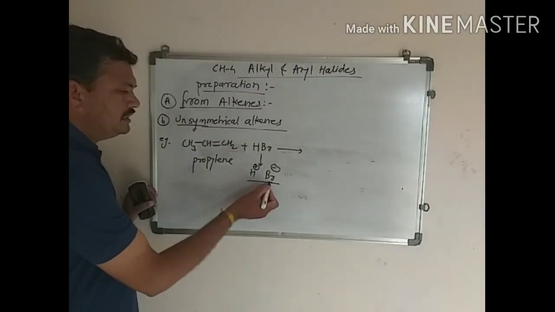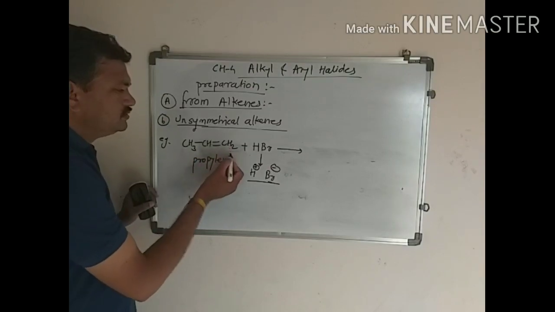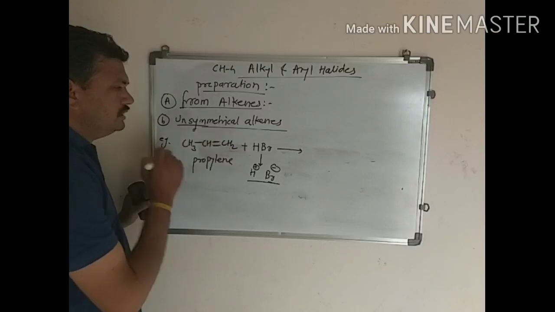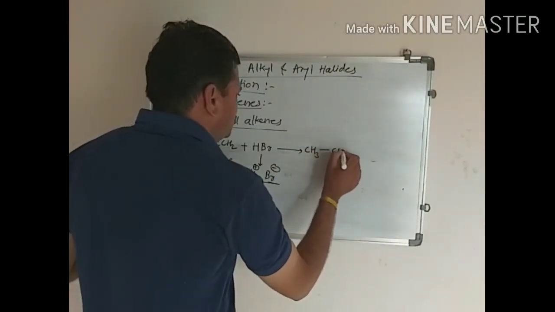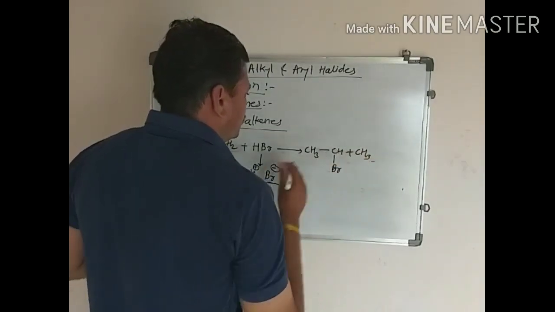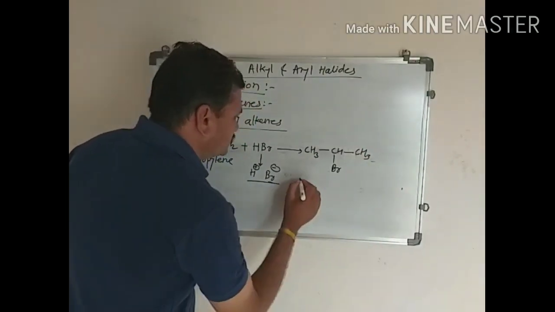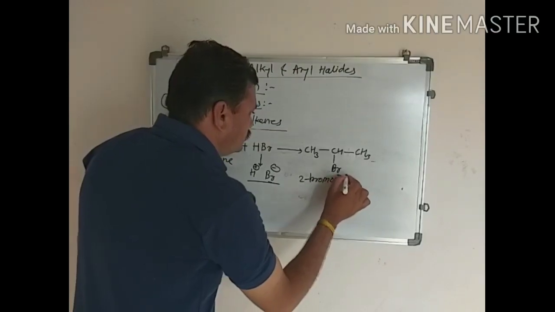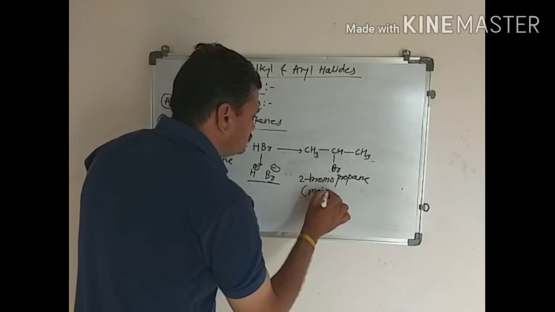Therefore, negative part, that means the bromine, will attach to this CH, and this CH2 will be attached by hydrogen and the double bond is converted into single bond, we get the product. It is CH3 CH Br CH3. It is 2-bromopropane. It is major product.